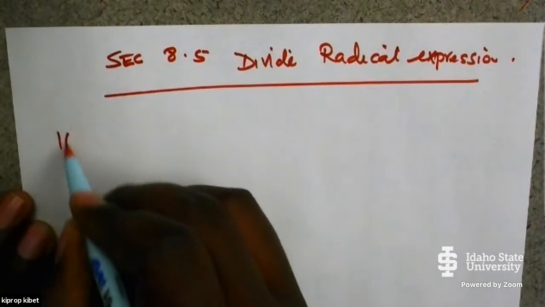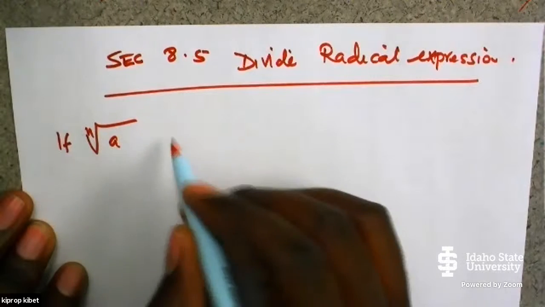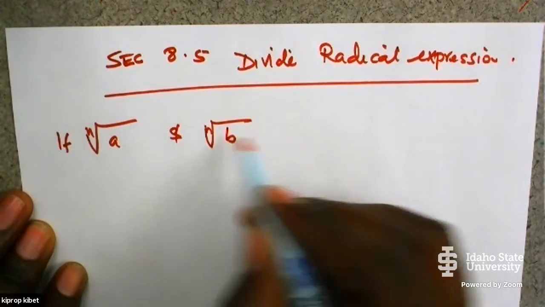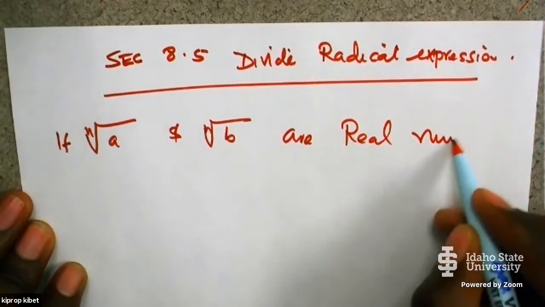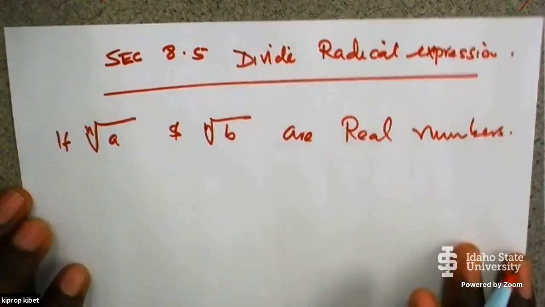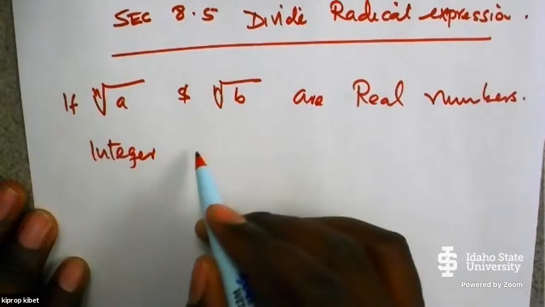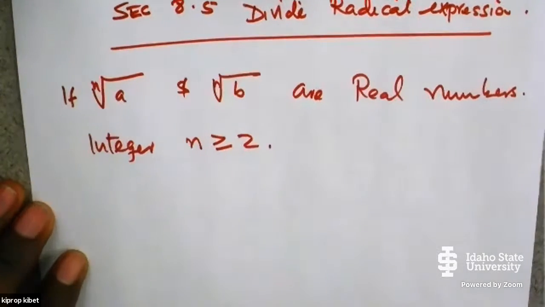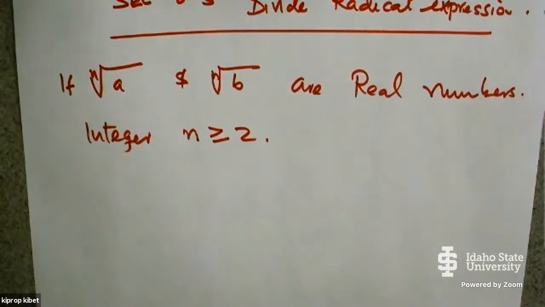Remember this: if the nth root of A and the nth root of B are real numbers, and there is an integer n, this n here is greater than or equal to 2.